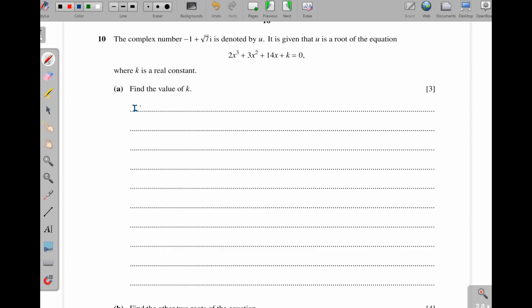So I'm saying that if u, which is equal to -1, then plus root of 7i, is a root of the polynomial 2x cubed plus 3x squared plus 14x plus k, which is equal to 0, then also its complex conjugate is also a root.